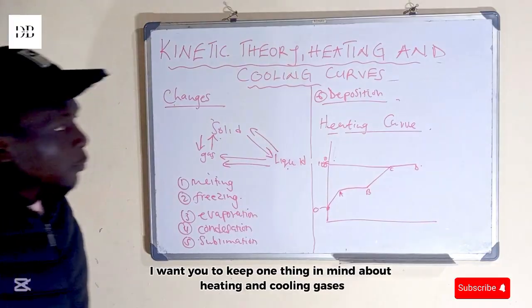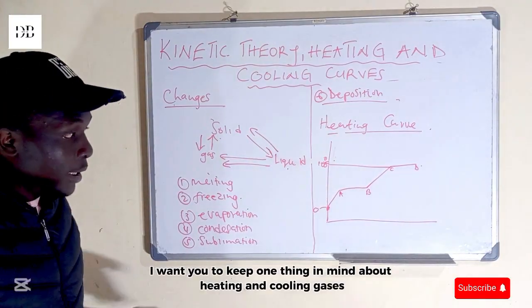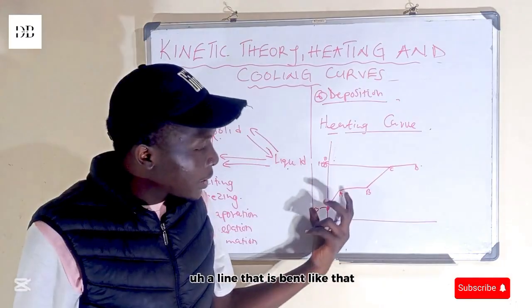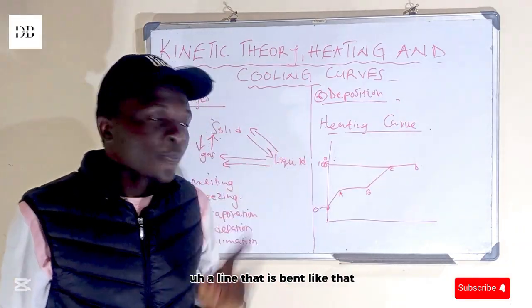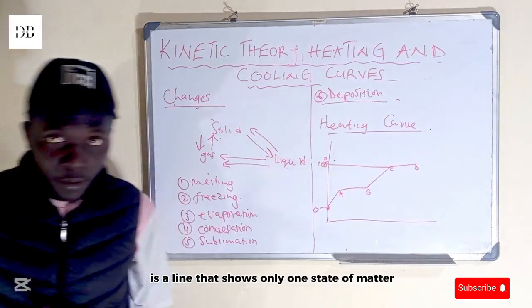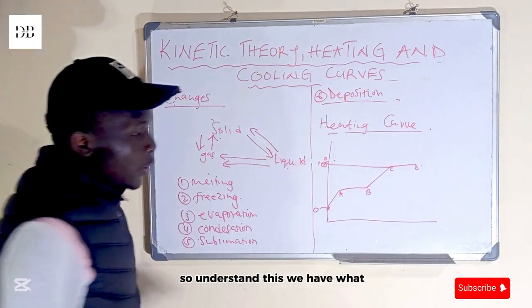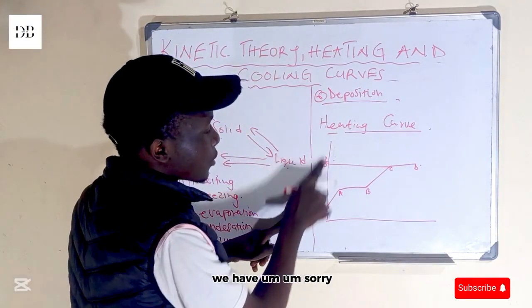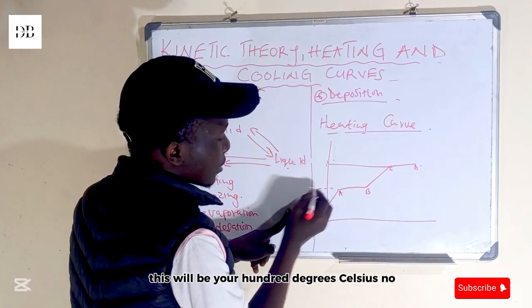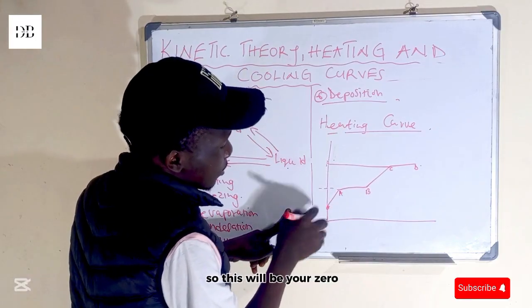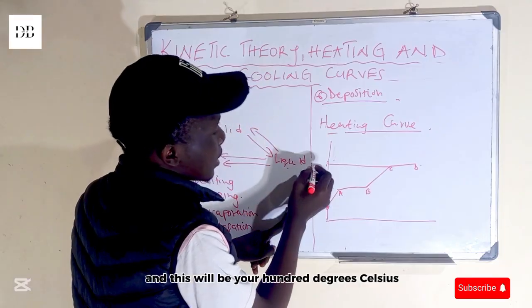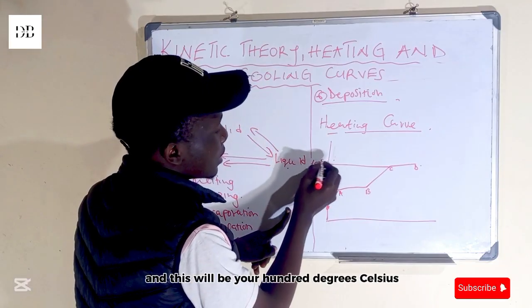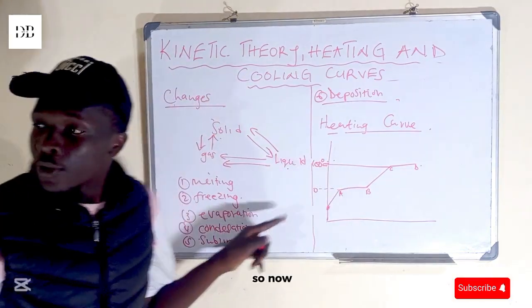I want you to keep one thing in mind about heating and cooling curves. A line that is slanting is a line that shows only one state of matter. So understand this. Sorry, this would be your 0, and this would be your 100 degrees Celsius.